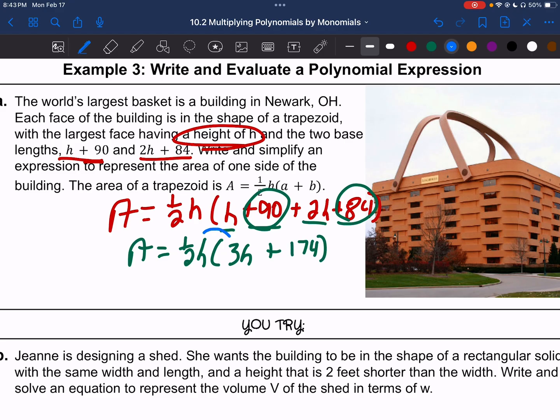Now I'm going to distribute to both of my terms. And so A is going to be equal to, we've got 3/2 h squared, and 174 times 1/2 is going to be 87h.